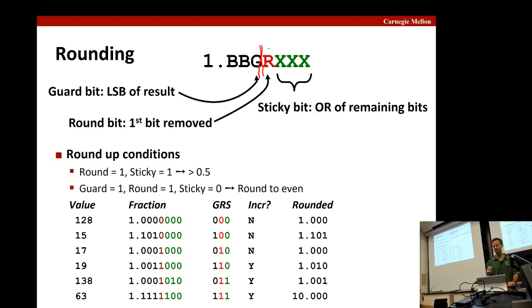If you're trying to round to the nearest eighth, in this case the three binary digits, we'll call the last digit the guard bit, which is represented as G. The first bit removed is called the round bit, and then all the other bits are the sticky bits.